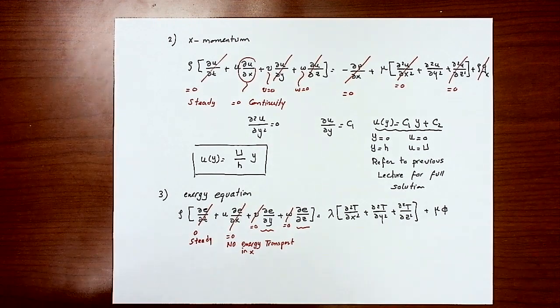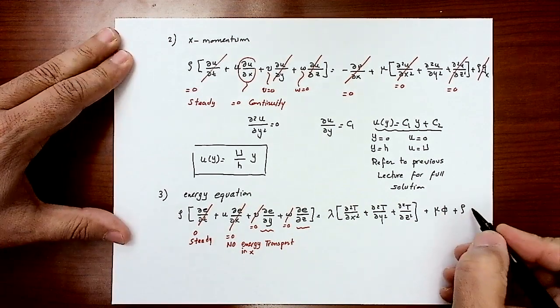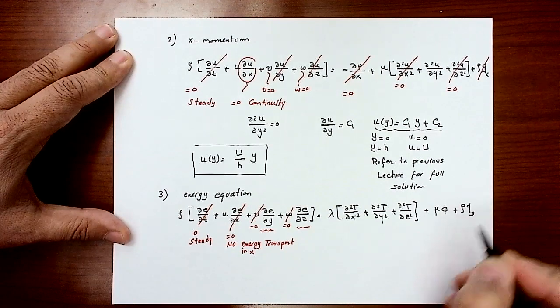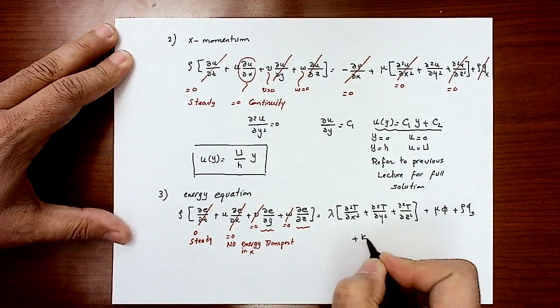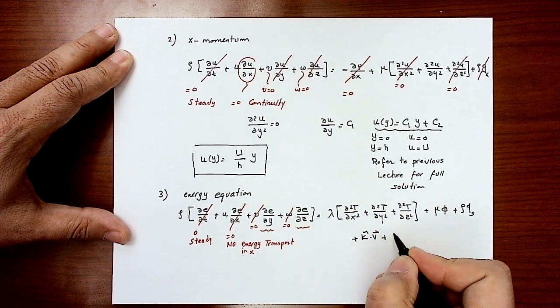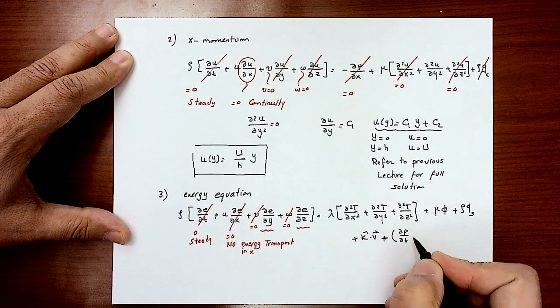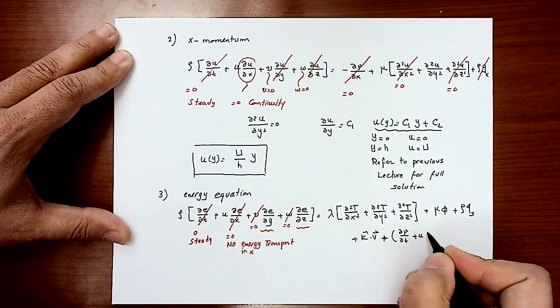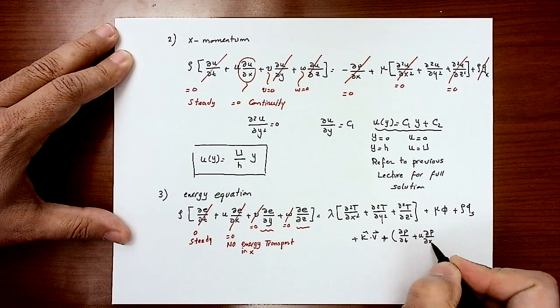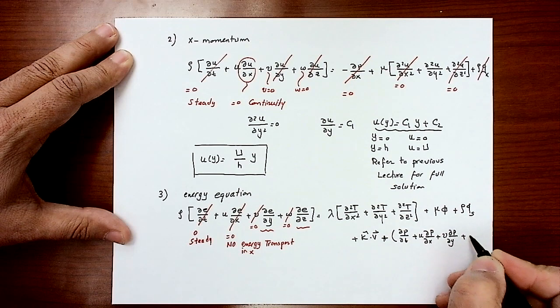Let me explain here. Let me put all the terms for those who are not really deep into that equation yet. I'm going to put all the terms of this equation here, plus u partial p by partial x plus v partial p by partial y plus w partial p by partial z.